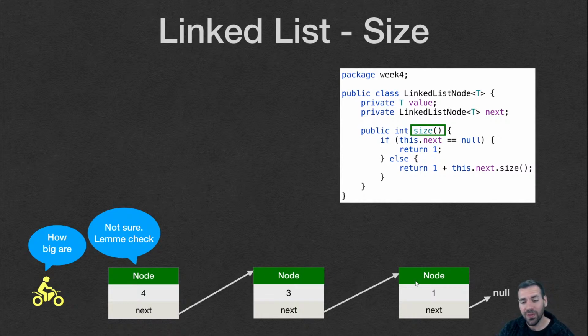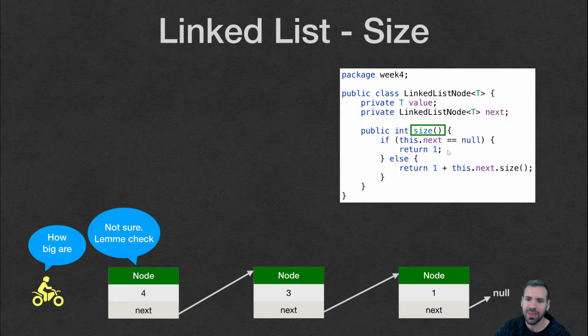In 250, you'll talk about doubly linked lists, where nodes do have references to next and previous. We're not going to do that in 116 though. But if I have a reference to this node and I ask it its size, it doesn't know anything about these other two nodes. It's going to say, well, next is null, so my size is 1.